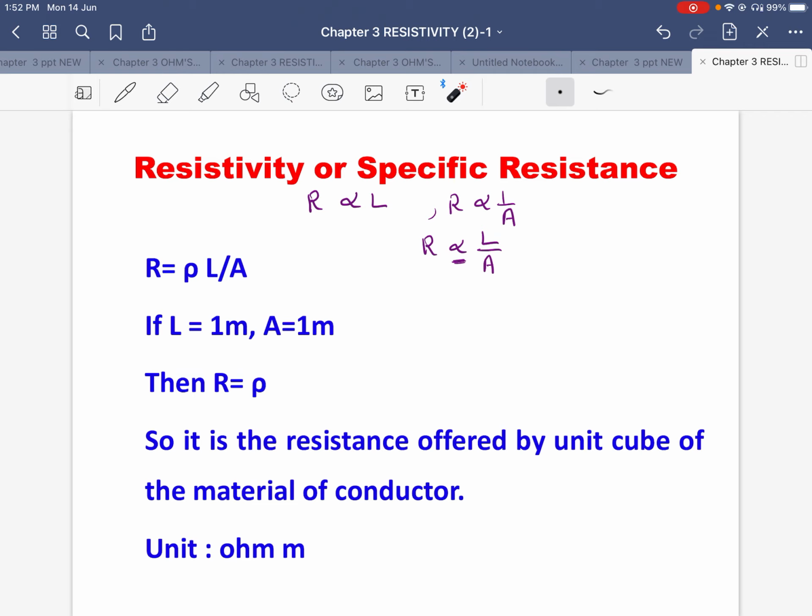Now, in order to define the resistivity, first of all we have to find the value of this resistivity from this formula, that is resistivity of a conductor will be equal to resistance times area of cross section divided by L. Now we have to write the units. Units of resistivity is equal to units of resistance, area of cross section, and length of a conductor.